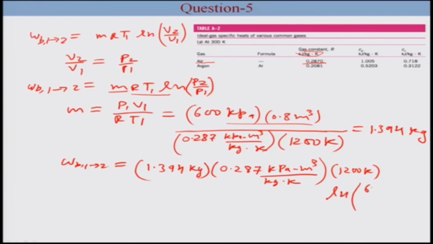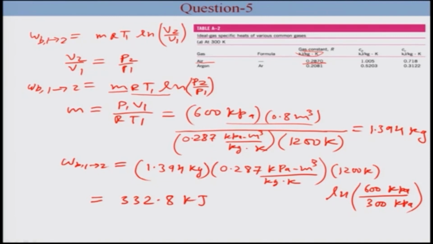So 600 kilopascal to 300 kilopascal. So from here total work will be 332.8 kilojoule.